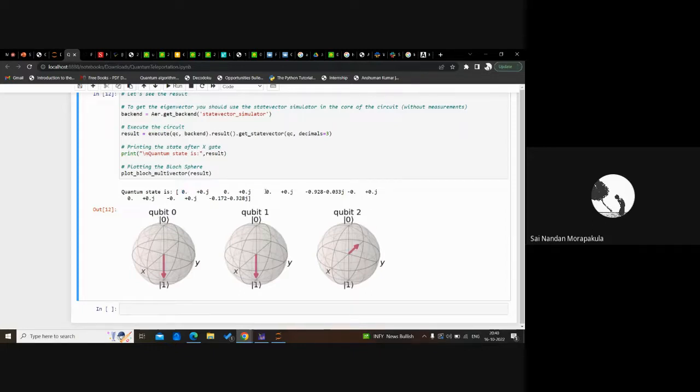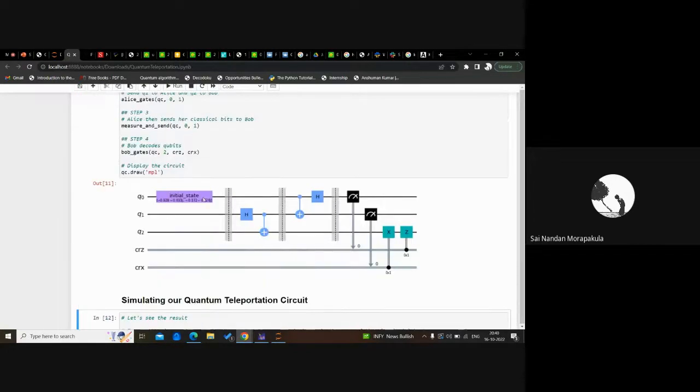So 0 plus 0j and 0 plus 0j, which belong to the first qubit, is 0. And then coming to the second, see, this is the same thing that we have, that is the initial state.